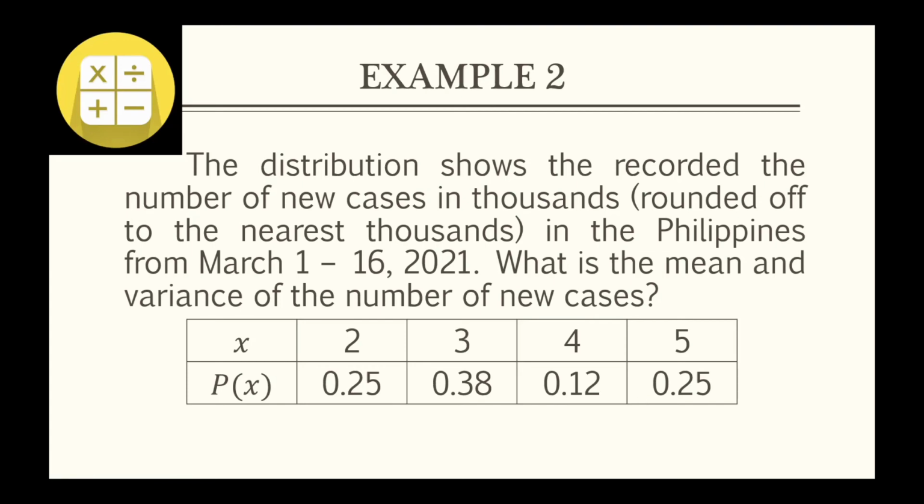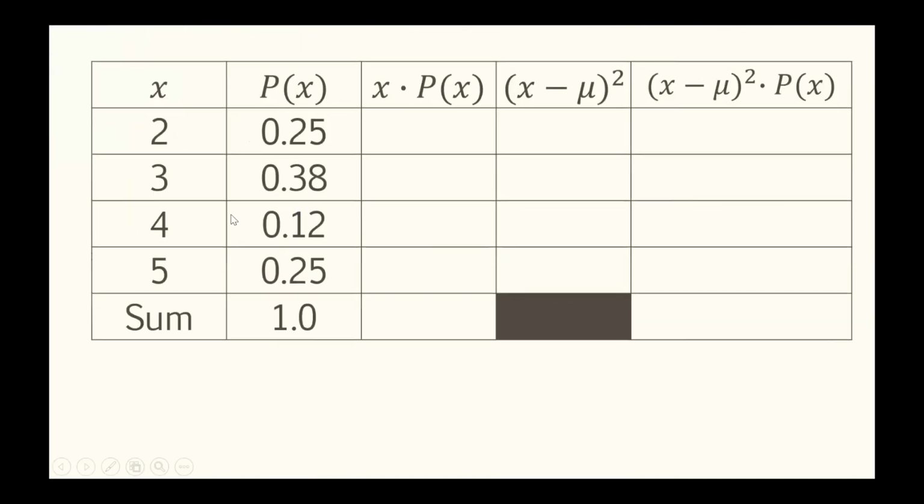Let's use method number 1 in solving for its mean. We are going to complete this table to compute for the mean and variance. For the first two columns, we have x as the number of new cases and p of x as its probability. The total or the summation of p of x is 1.0 or 1.